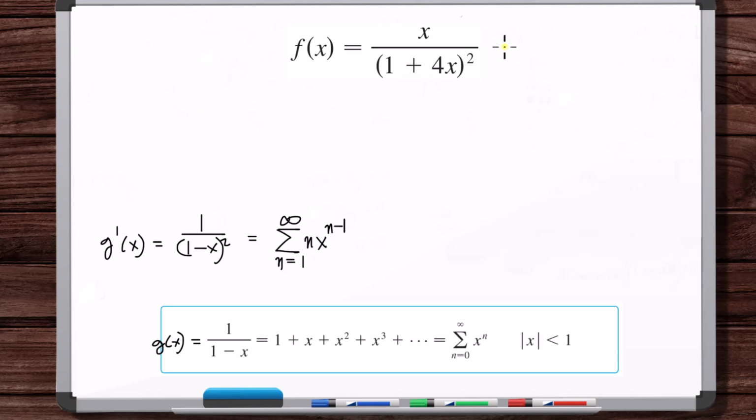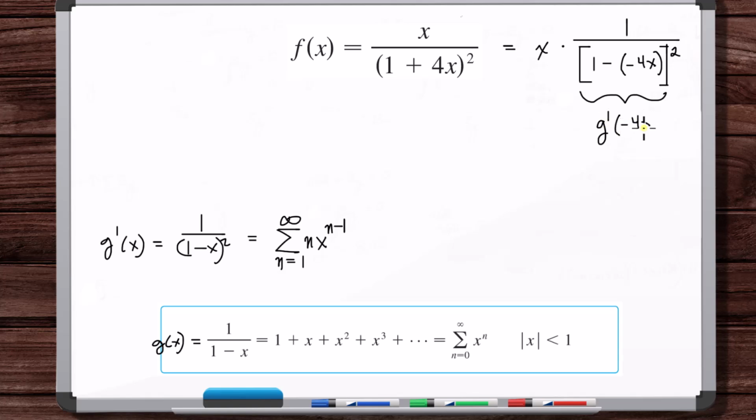So this is x times 1 minus 4x. You see? So this here is g prime of minus 4x.